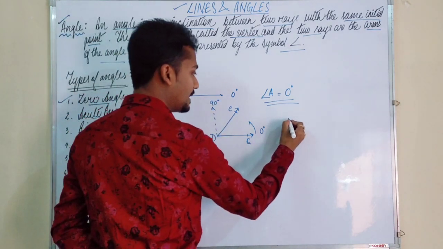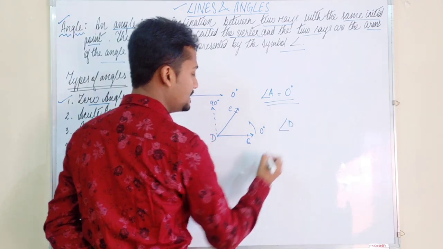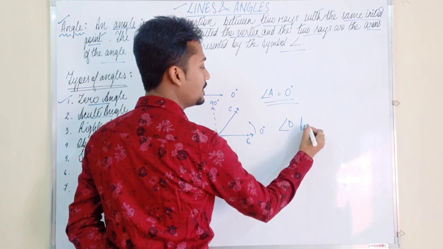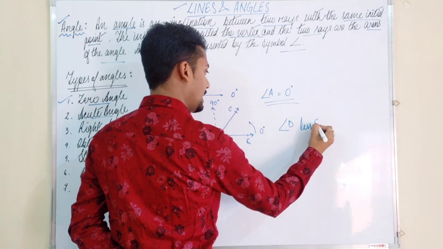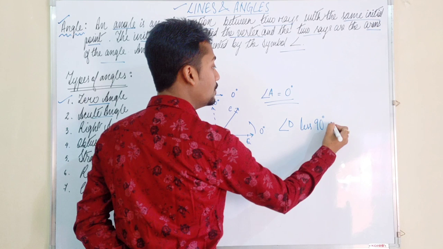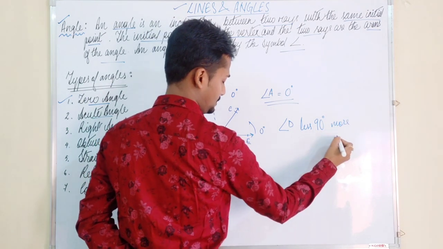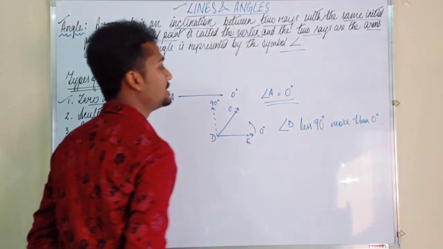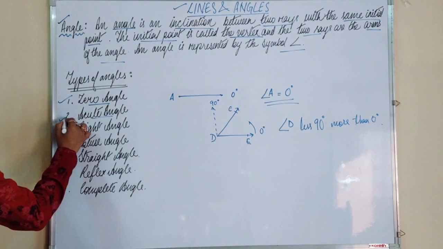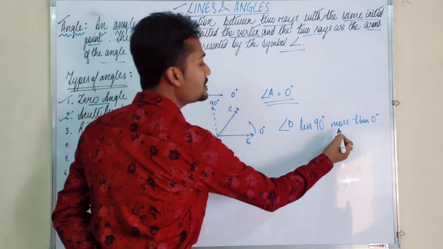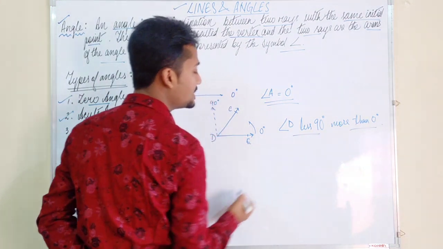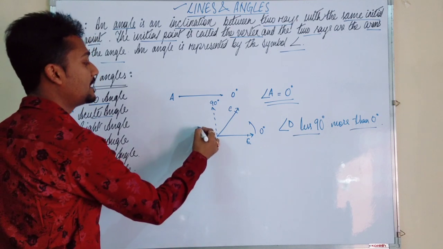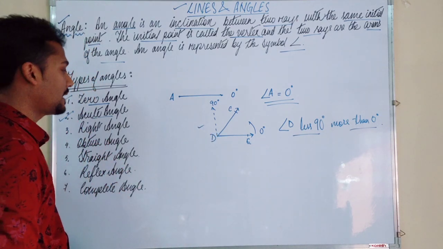If an angle is less than 90 degree but more than 0 degree, then the angle is termed as acute angle.